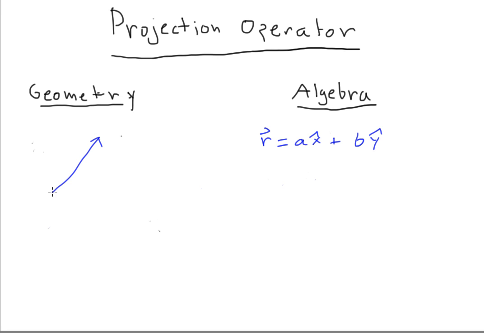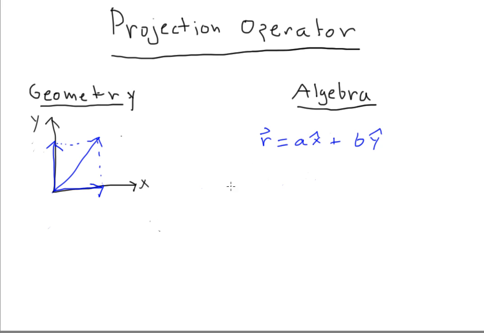Geometrically, to project our vector onto the x-axis, we squash it down and we get the projection in this direction. And to get the component in the y direction, we smash our vector in the other direction, and this is y. This is a good geometrical picture of what we're doing to find the components, but in general, we're going to want an algebraic picture.